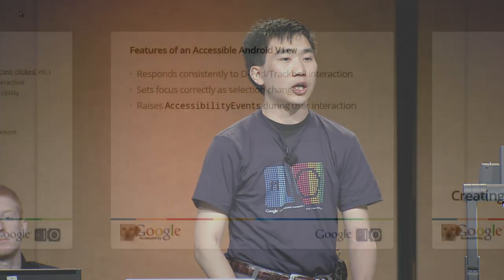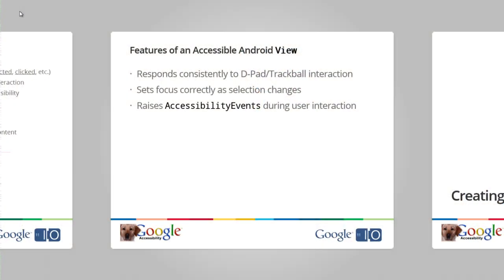So I've talked a good amount about an accessibility service, a concrete example in Talkback. I'd like to focus on what makes a view accessible. So as Android developers, what can you do in your applications so that all the views that you present to the user are easily navigable, easily understandable, easily usable?